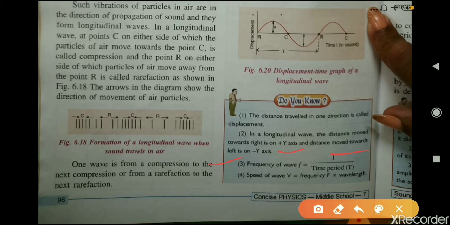Third is the frequency of a wave. The formula for frequency in terms of time period is frequency equals 1 upon time period, and speed of wave equals frequency multiplied by wavelength.